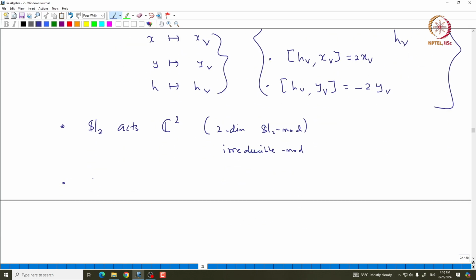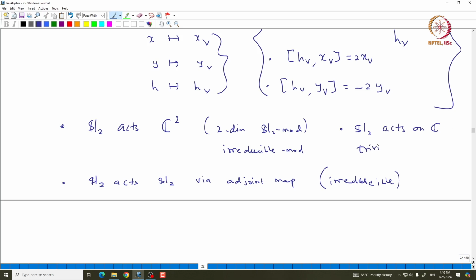Similarly, SL2 acts on SL2 itself via the adjoint map. This is also an irreducible representation. Similarly, SL2 acts on the one dimensional space C trivially.